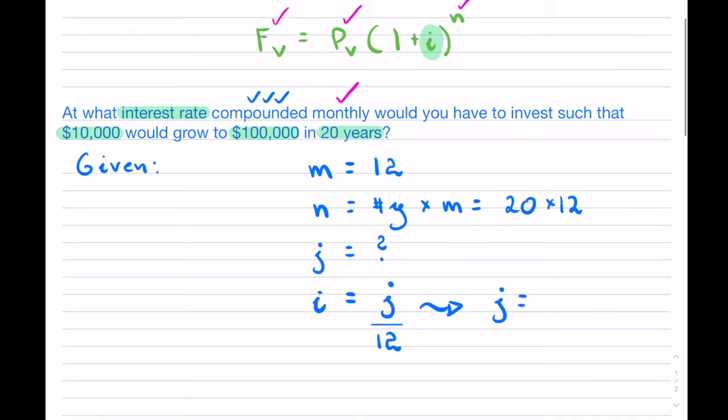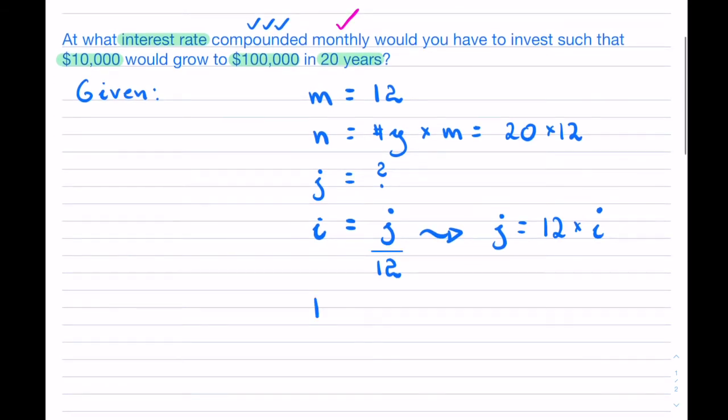So J is going to be equal to 12 multiplied by I, if I'm going to need to find it. And I don't have it in this case, and I don't have a formula for it as of yet. Now I do have my other knowns, which is future value is supposed to be 100,000, and I know my present value is supposed to be 10,000. That's all my givens that I carry.